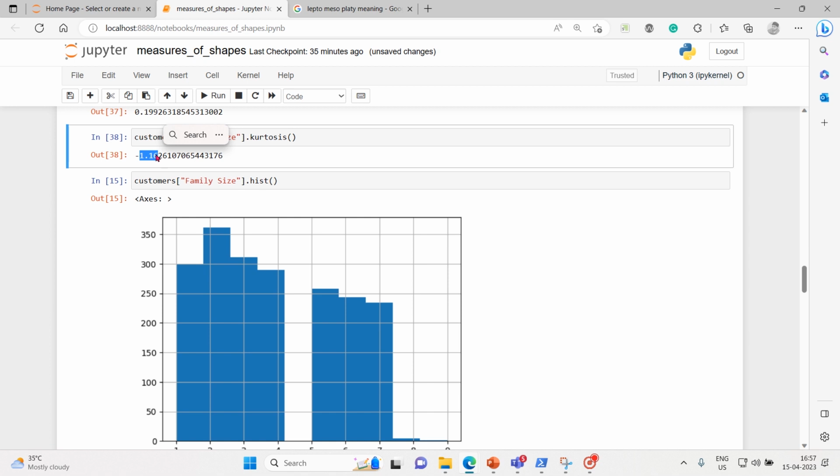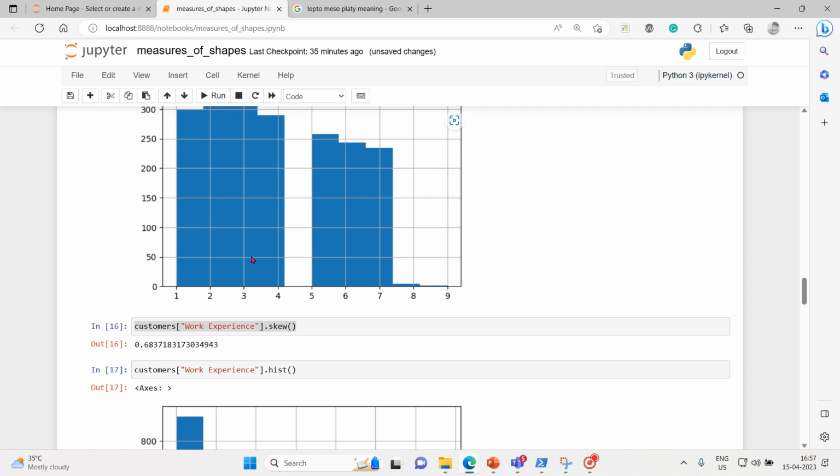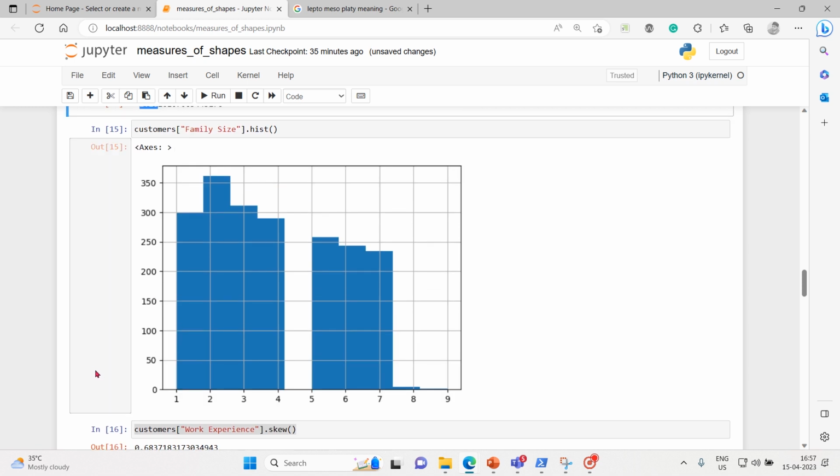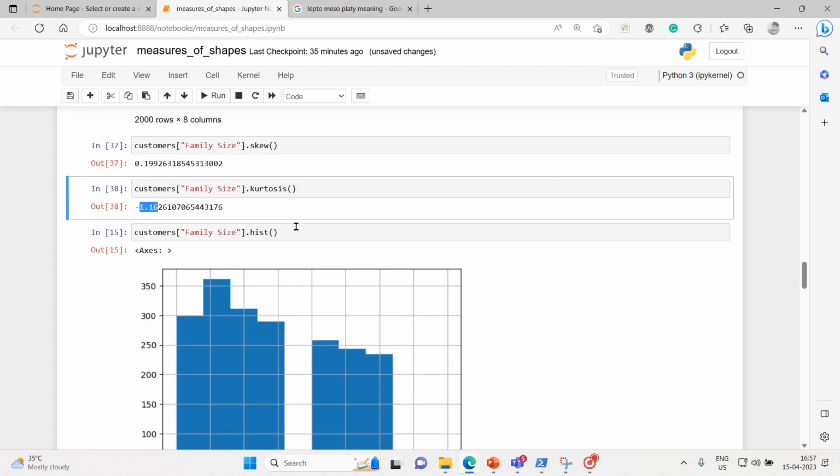So this is supposed to be platykurtic. Of course, this is flat. The peakedness is not that much. You see that the data is all around here. A data set with a negative kurtosis is called platykurtic, which means it has light tails and is less peaked in the center compared to the normal distribution.